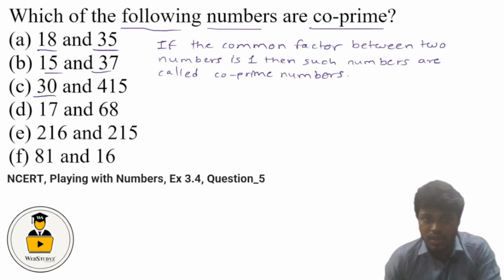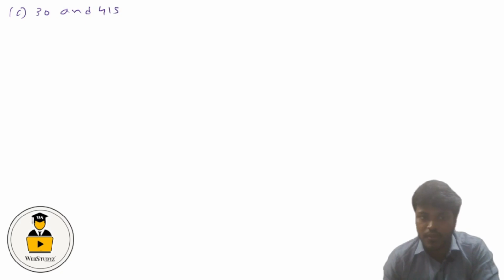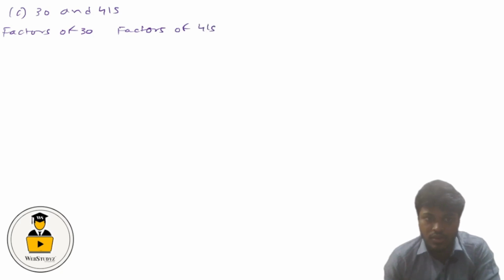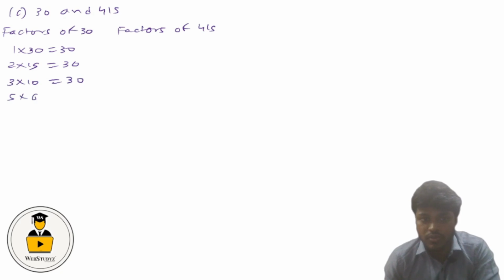Now let us consider the next pair. So we have 30 and 415. Now let us find out the factors of 30 and the factors of 415. 1 into 30 will give us 30, then 2 into 15, then 3 into 10, then 5 into 6, and 6 into 5 will give us 30.